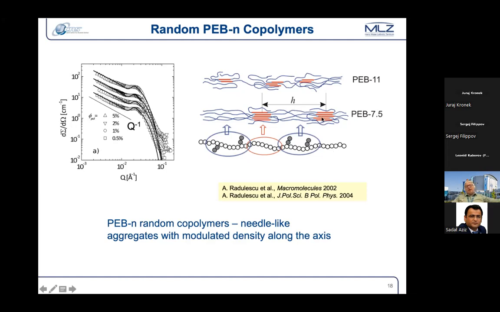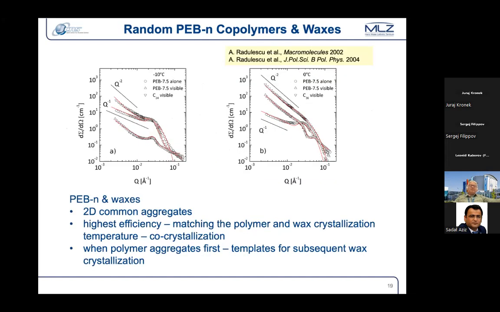And for highly crystalline material, we observed the modulation of density along the cylinder axis, which is given by this correlation peak, which does not change as a function of polymer concentration. So it is correlation along the polymer object. When we mix this with paraffin waxes, we observe that both materials are co-crystallizing in two-dimensional objects.